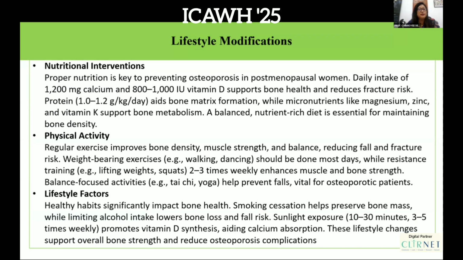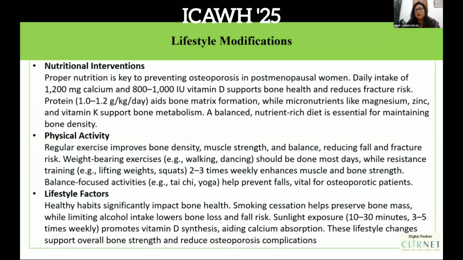So next, physical activity. Regular exercise improves bone density, muscle strength, and balance, reducing fall and fracture risks. Weight-bearing exercises like walking and dancing are very essential to prevent postmenopausal osteoporosis. So we should try to enjoy ourselves by dancing and other extracurricular activities.